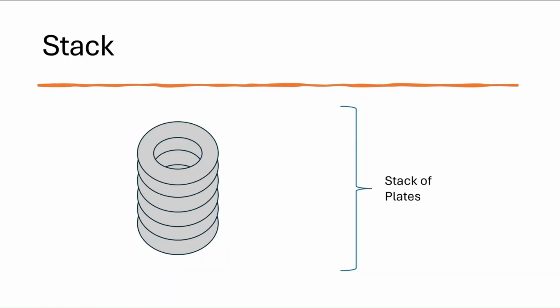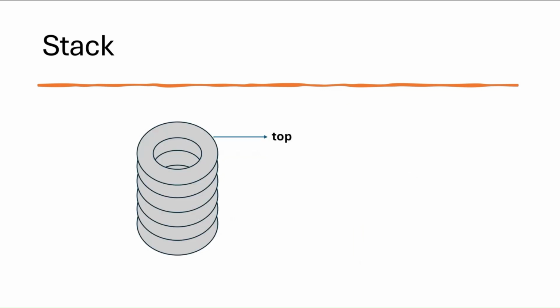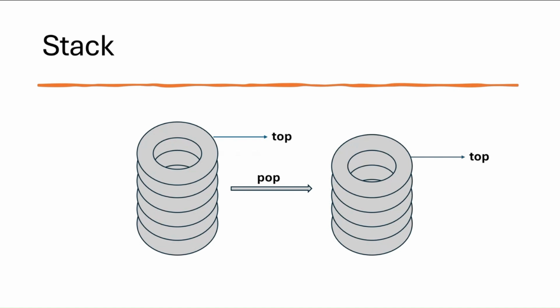Let's understand the stack using real life example. When you go to the cafeteria, what you see basically, you see a stack of plates, and you pick up the top plate from that stack and take food, and when you remove the top plate, the plate below it becomes the new top, right?